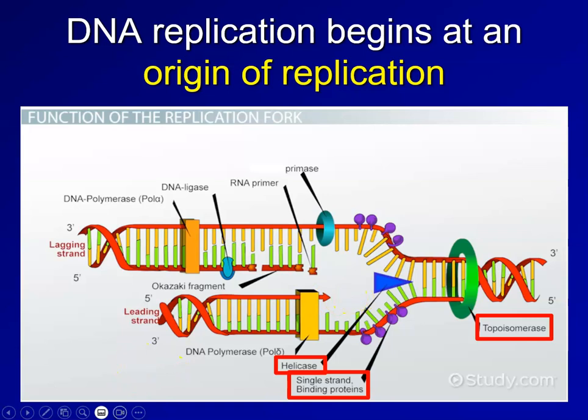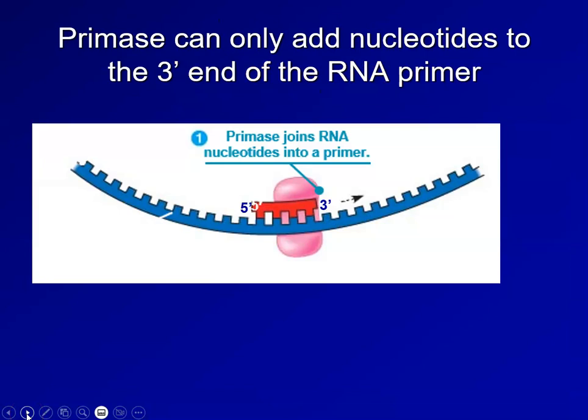Okay, so let's take a closer look at who's involved there. It's going to start with a primer made of RNA, and this primer is built by an enzyme called primase that adds the RNA nucleotides and joins them together to synthesize this primer.